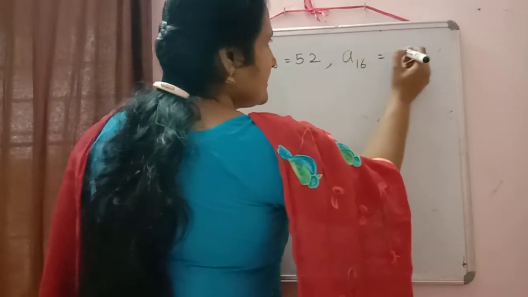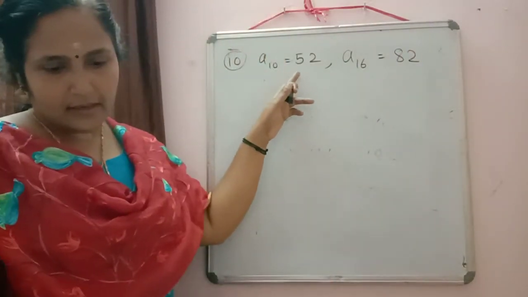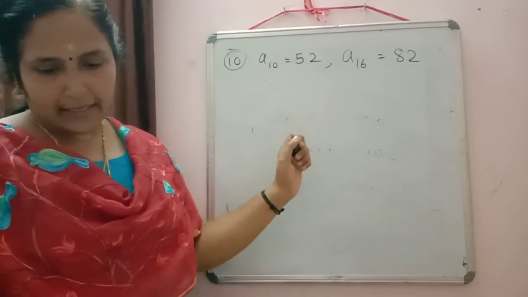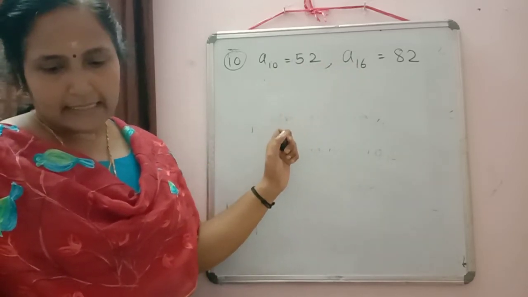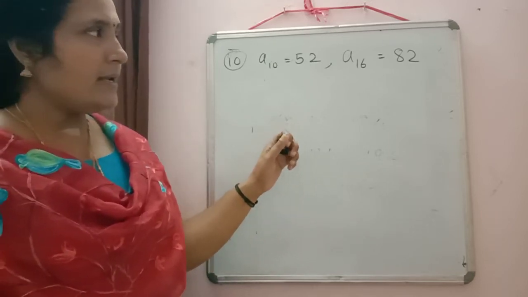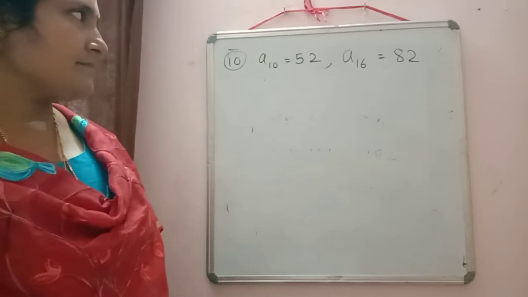The 10th term of an AP is 52 and the 16th term is 82. The question is, find the 32nd term and the general term.